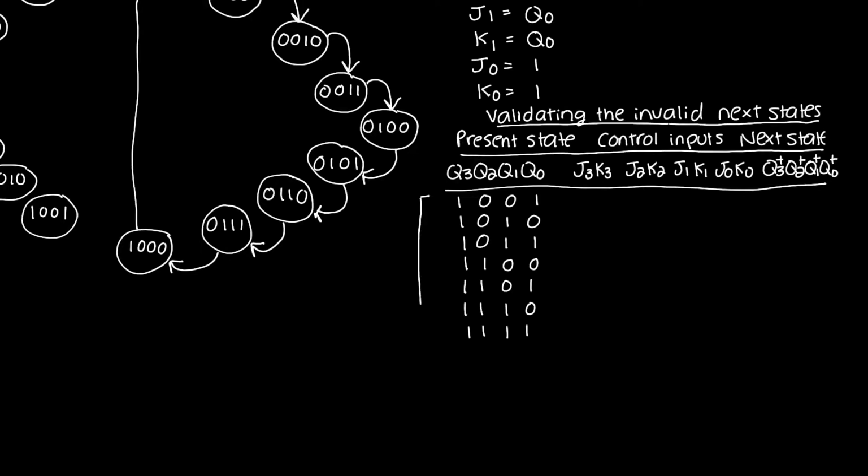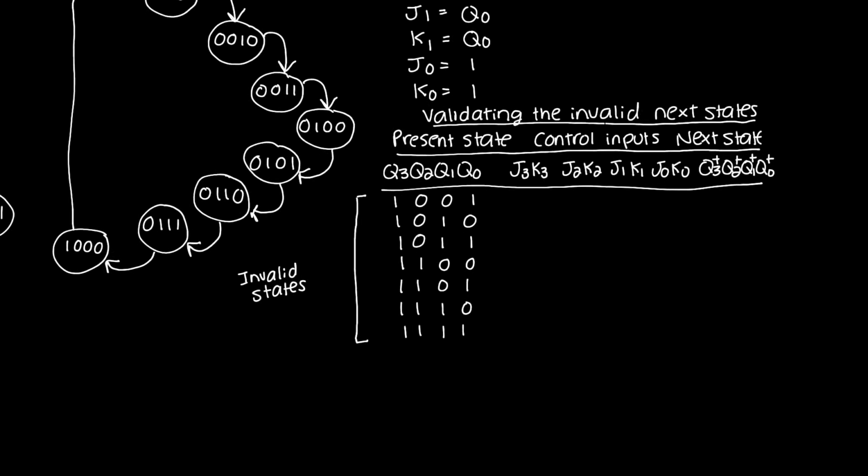So I'll just note that. I only have to do this for my invalid states when I'm using don't care conditions for the next state. I said I didn't care, but in actual fact, I do care. I want to make sure that I have a valid path. If I power on in any of these invalid states, am I eventually going to end up in the valid counting sequence?